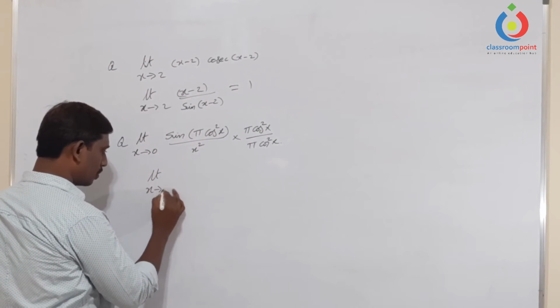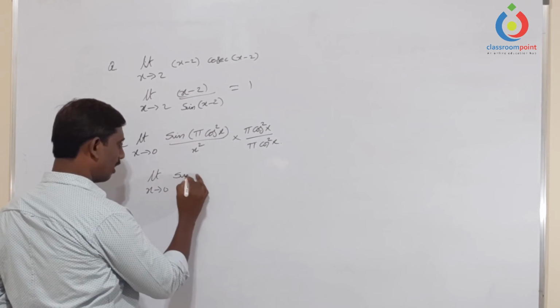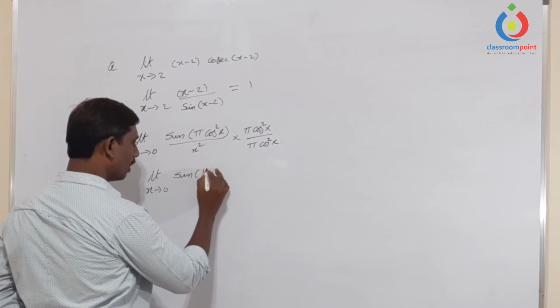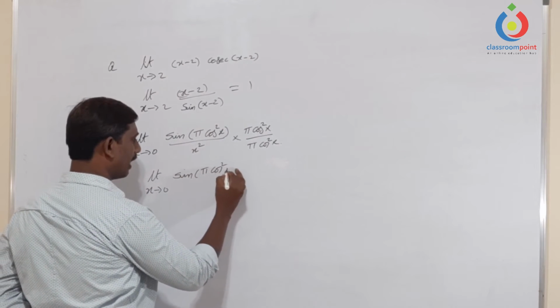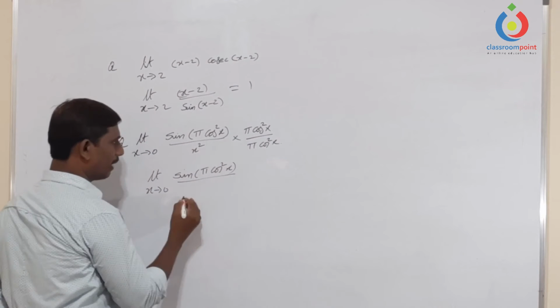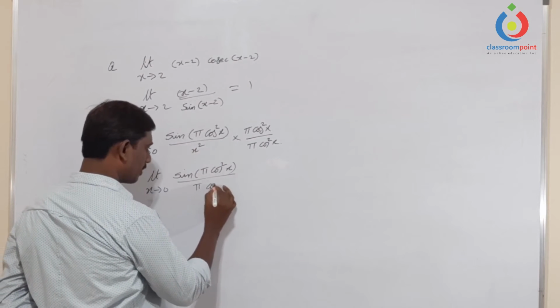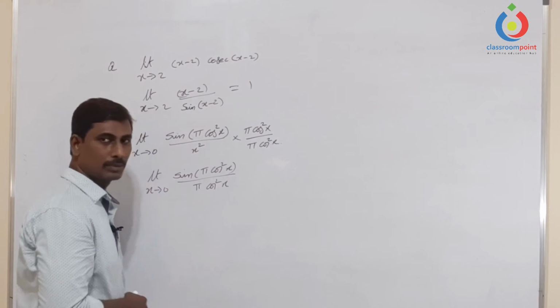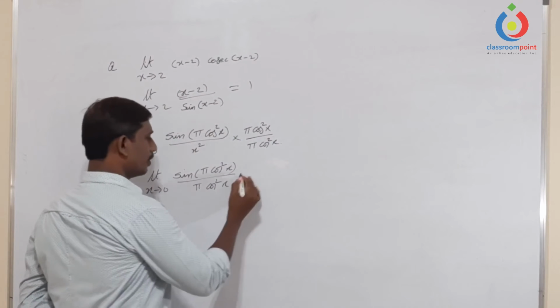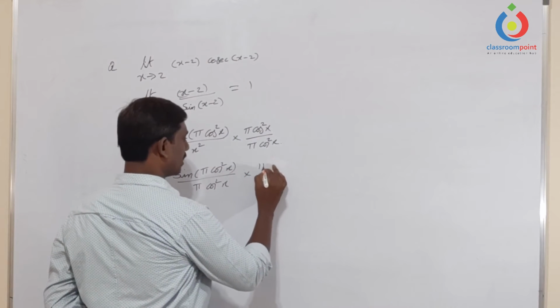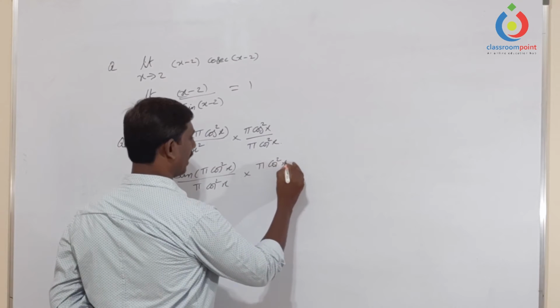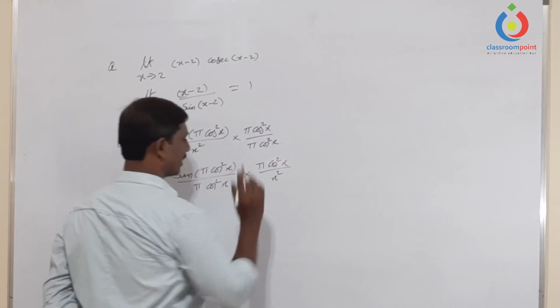Limit x tends to 0 sin of pi cos square x whole divided by pi cos square x. Right? Now into the remaining value, pi cos square x by x square.